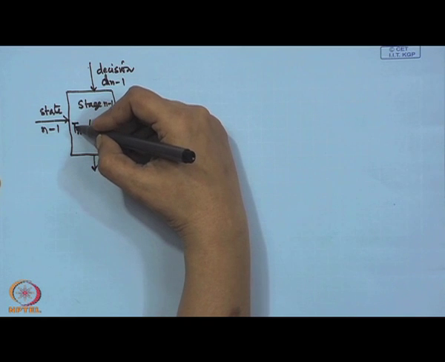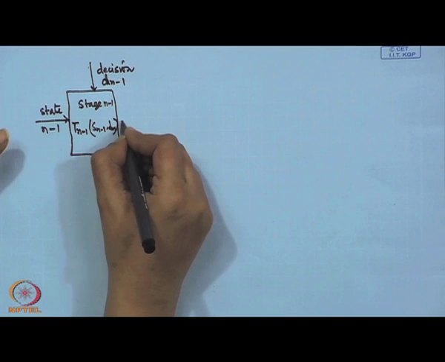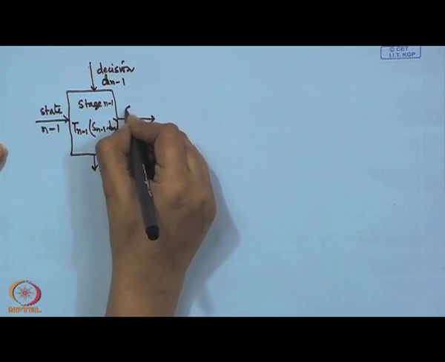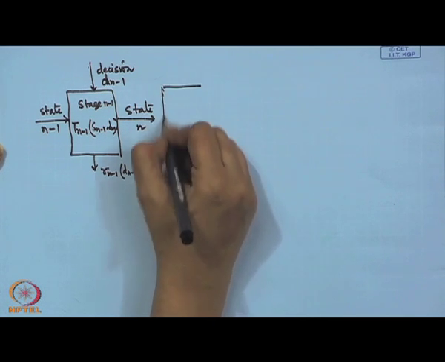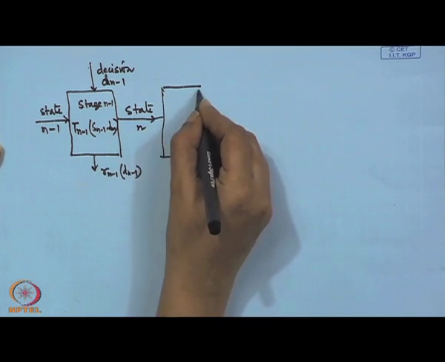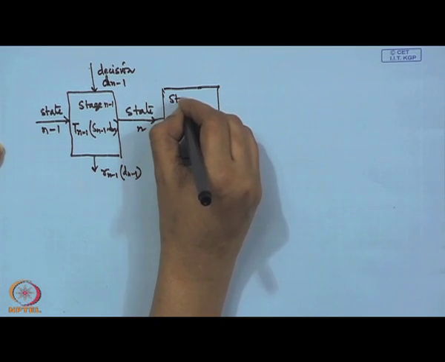The state transformation equation T n minus 1 is responsible for converting this state to the next state, so that we can move to the next stage n. That is the basic idea of the multi-stage decision making process.